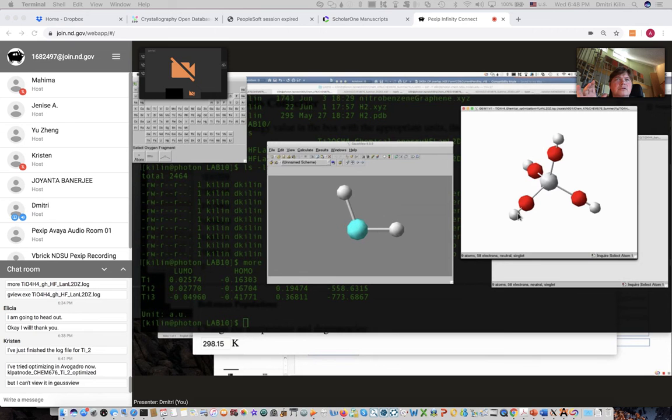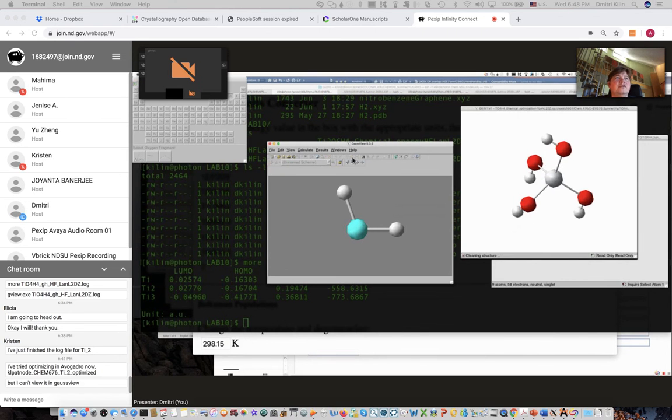So let me maybe click broomstick quickly. For single titanium, broomstick should give good results, or at least a good starting point. So broomstick.